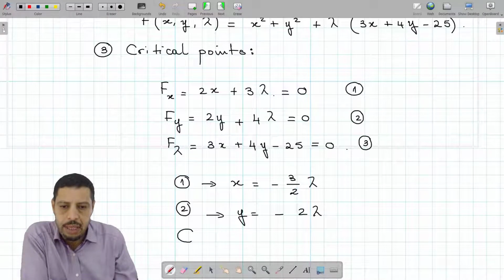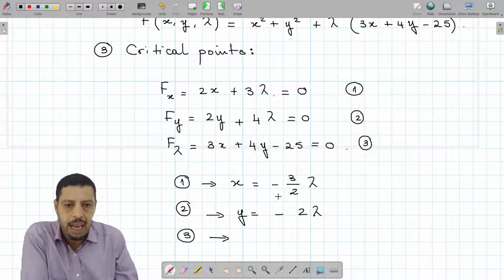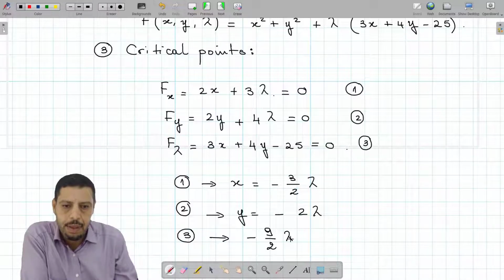And we insert these 2 expressions in equation number 3. We get 3 times negative 3 over 2, which is negative 9 over 2 lambda, plus 4y. If you substitute y by negative 2 lambda, you will find minus 8 lambda minus 25 equals 0.